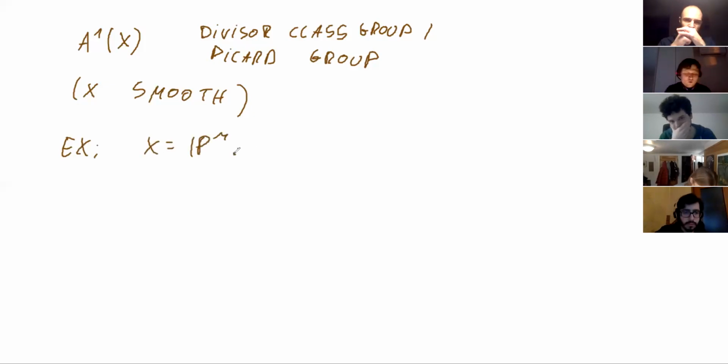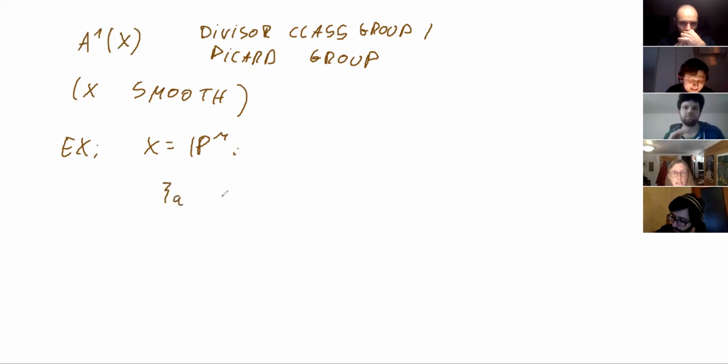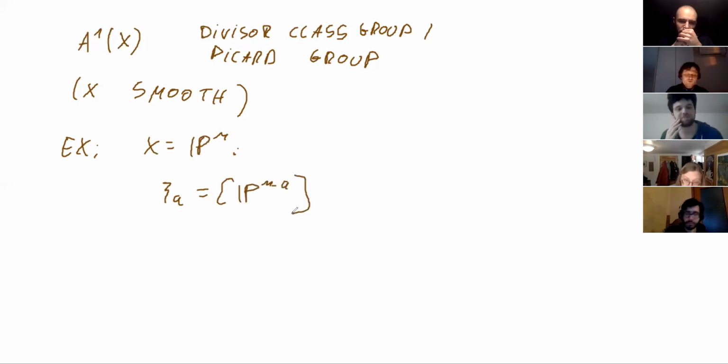So what happens if we intersect? Let psi_a be the class of this P^(n-a). What happens when you intersect two general subspaces, one of codimension A, the other one of codimension B?